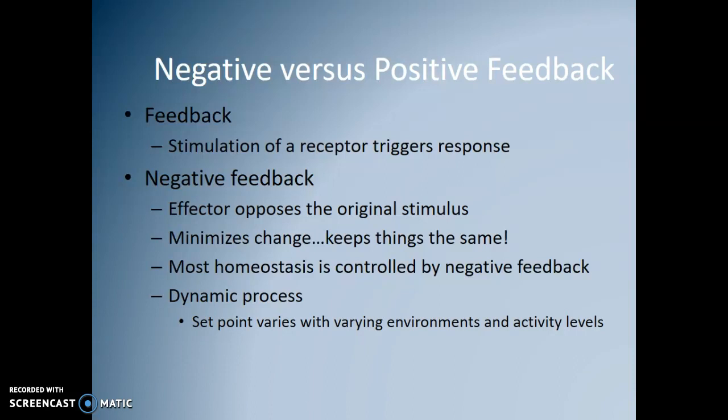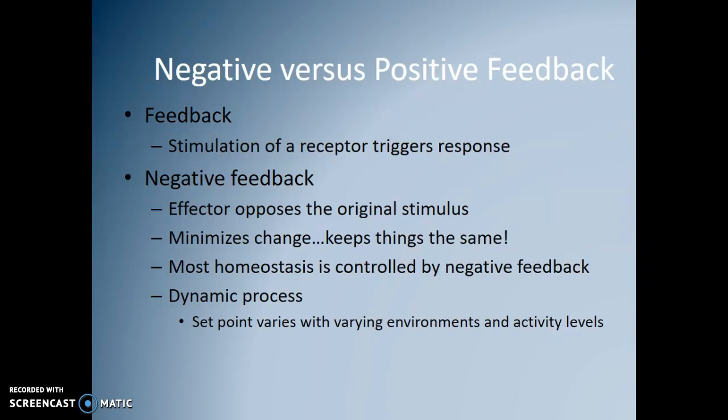So the stimulus is hot temperature, and the negative feedback means that the effector is going to bring the temperature back down. So if conditions take homeostasis away from the set point, negative feedback is going to minimize those changes by trying to bring it back to the set point.